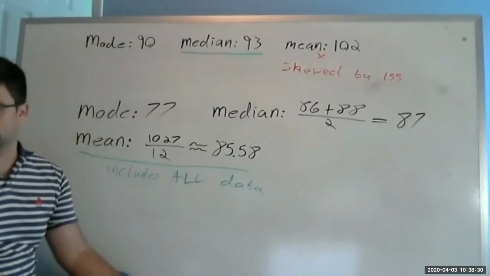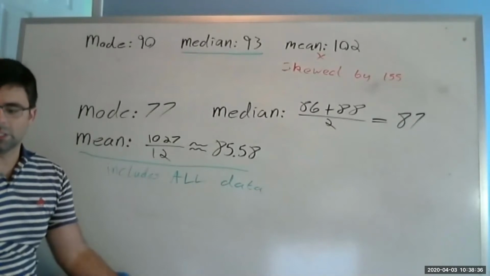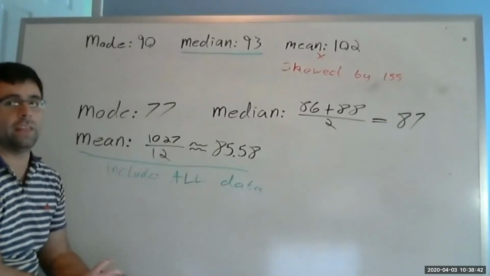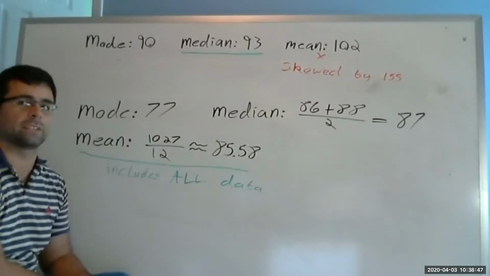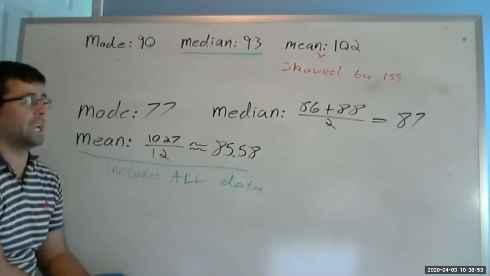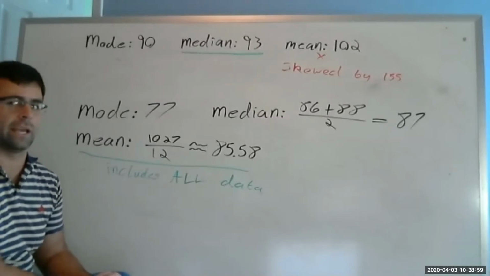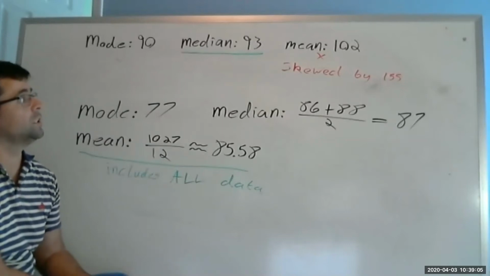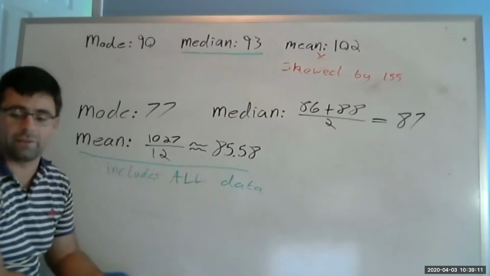That's the big difference between the two: if you have a single outlier, like that 155, it can mess the mean up a lot, but it doesn't have much effect on the median. If your mean is way off, that means you probably have a couple pieces of data that are just wrong or don't make any sense. Otherwise, you'll generally use the mean or the average.